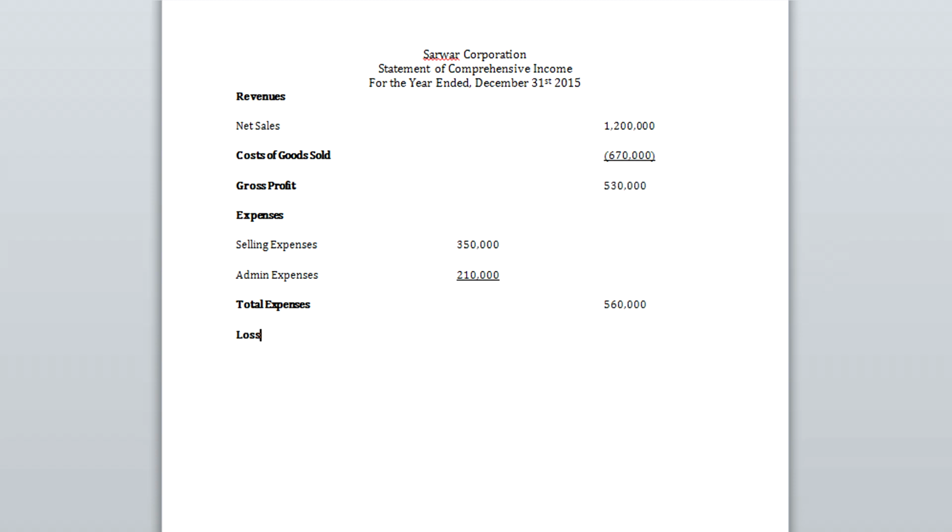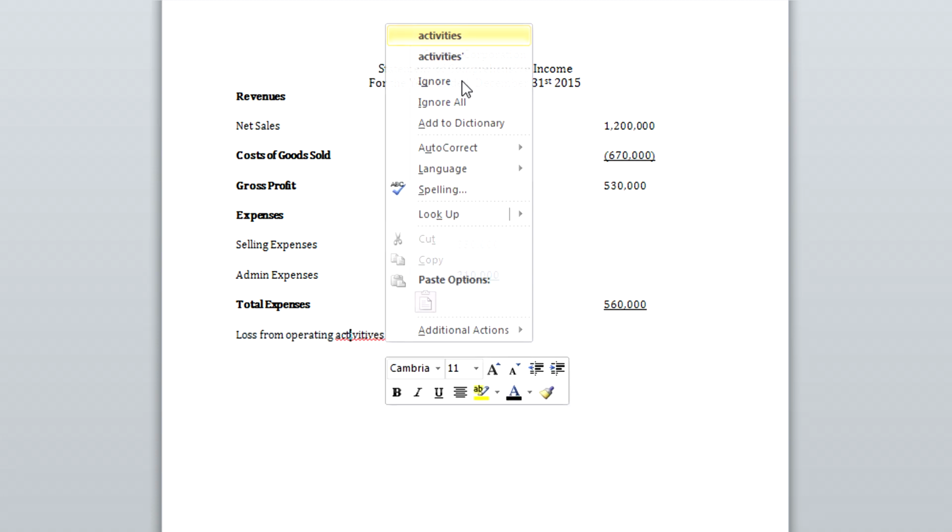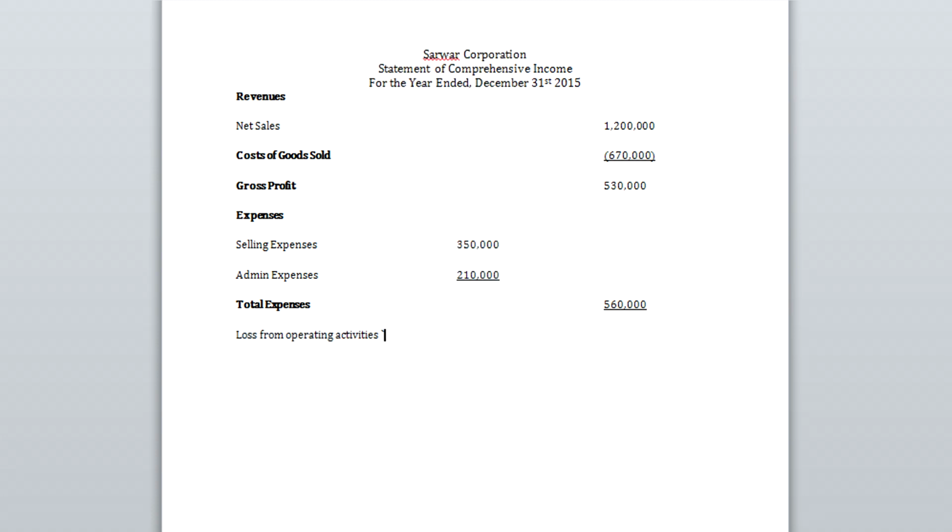So we're going to have a loss from operating activities, which is just going to be gross profit subtracted by total expense. Let me just spell that right there. Of $30,000. Oops, that's in the wrong spot there. $30,000.